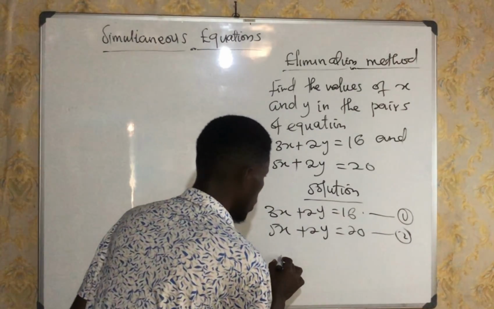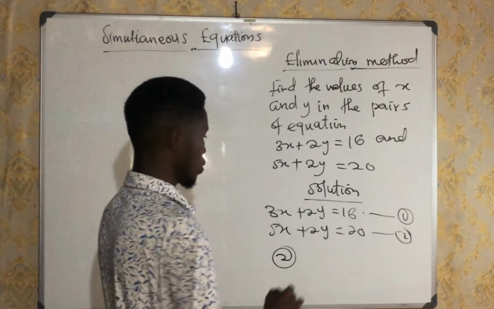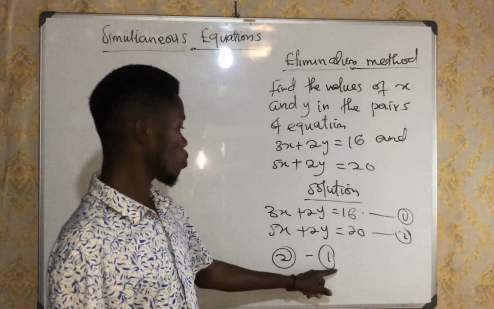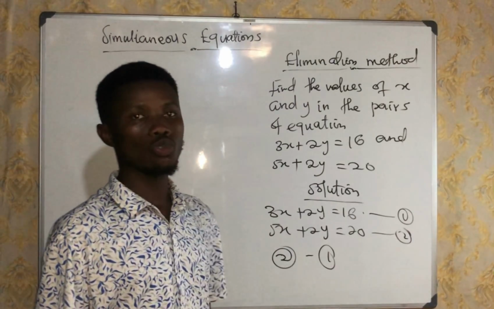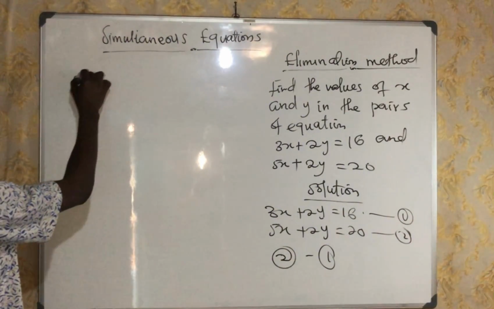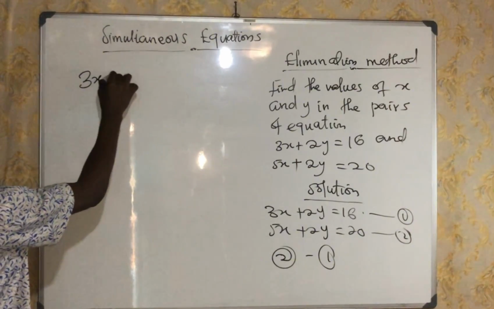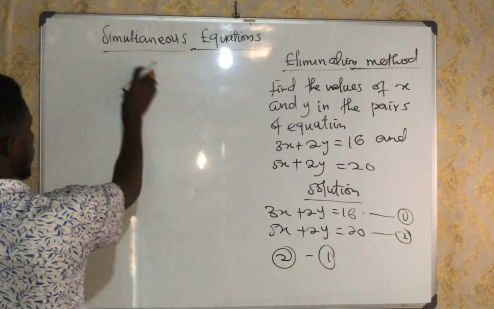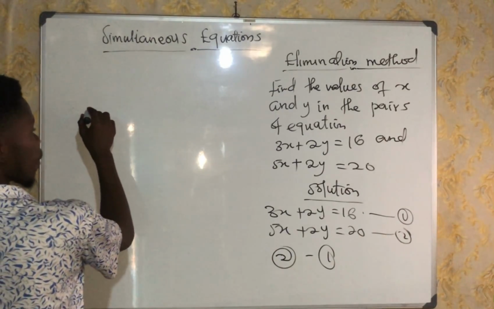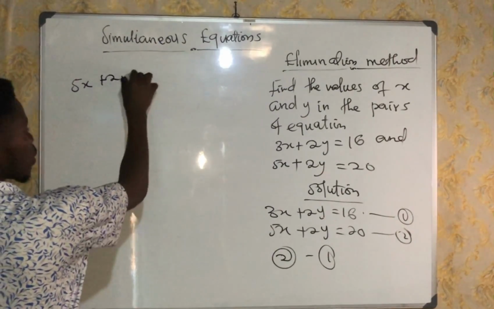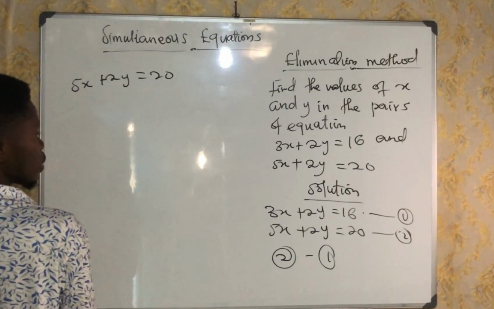So this is equation 2 minus equation 1, meaning that I'm going to subtract 1 from 2. Let me write it this way. Let me bring equation 2 first: 5x plus 2y equals 20.